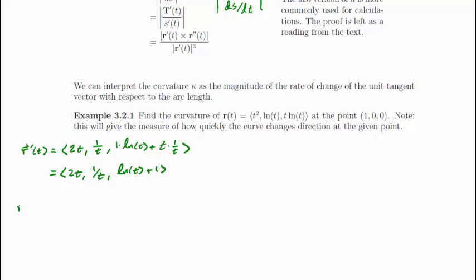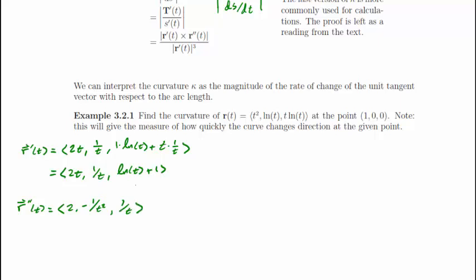Now take the derivative one more time to get the second derivative that we need for the formula. r double prime of t equals the vector 2, negative 1 over t squared. That just comes from 1 over t being t to the negative 1; I bring the negative 1 down, make it a negative 2, and put it back into this form. The derivative here is just 1 over t.